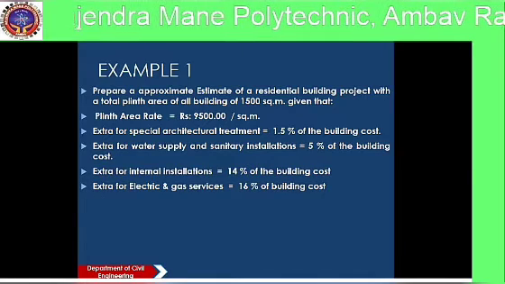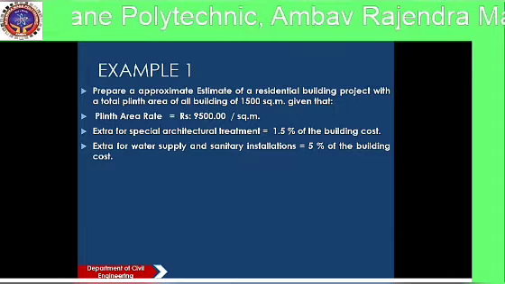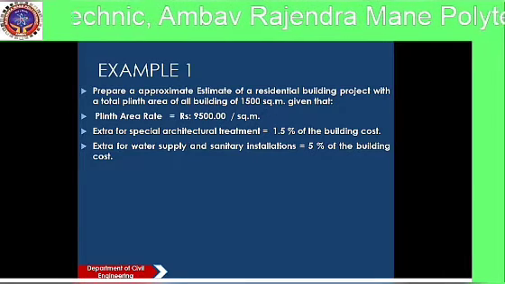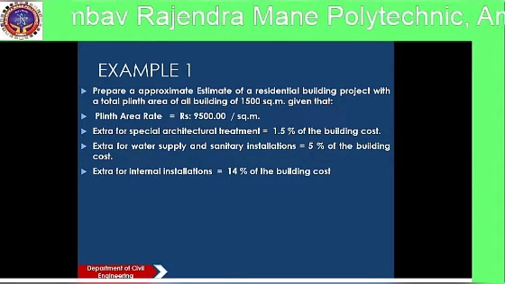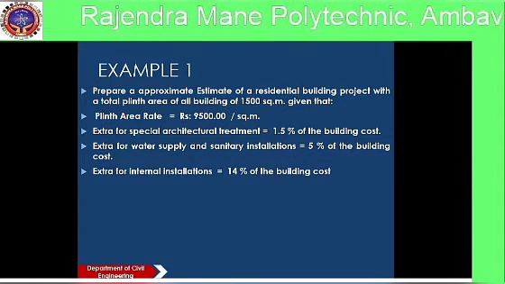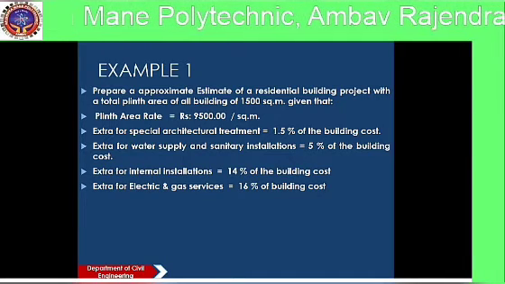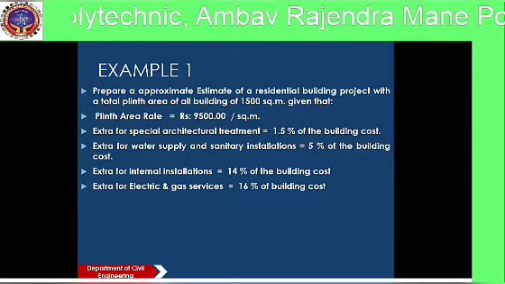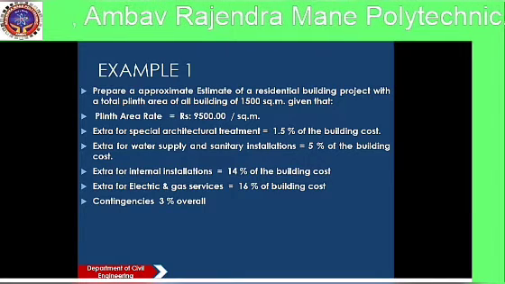Extra for water supply and sanitary installations required is about 5% of total building cost. Extra for internal installations required is 14% of the cost of building, and cost of electric and gas services is 16% of building cost, and contingencies 3% of overall cost.